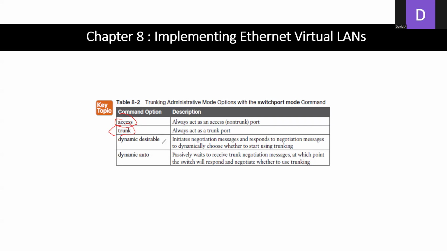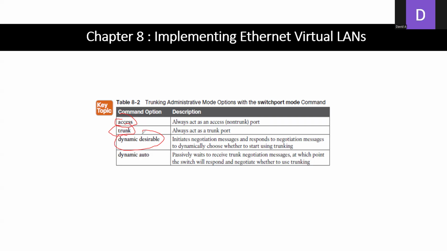Let's move down to DTP. Dynamic desirable initiates negotiation messages and responds to negotiation messages to dynamically choose whether to start using trunking. Let's look back at the description, because that's kind of quick. Dynamic desirable. The keyword here is desirable.